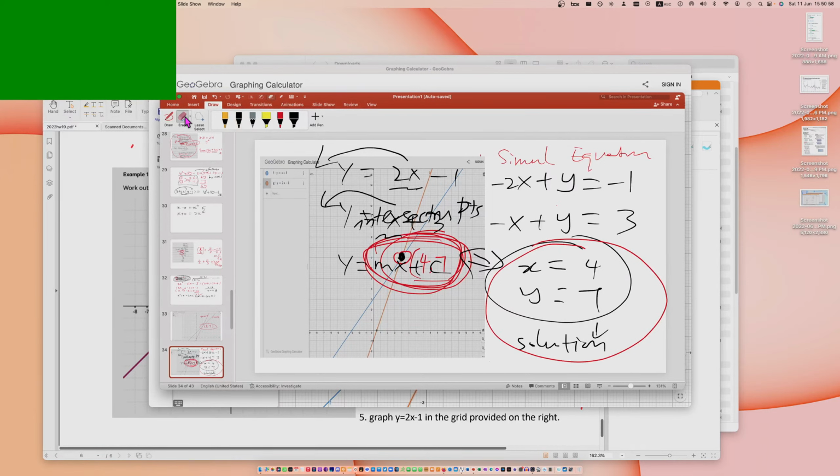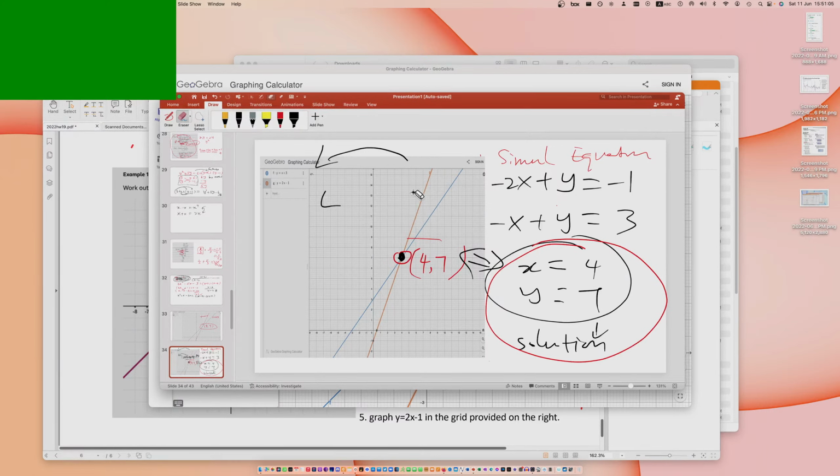The intersection point here notes the 4, 7. And the simultaneous equation, if you use your calculator to solve, you get 4 and 7 as well. So what does it mean? Can you give me a conclusion now?